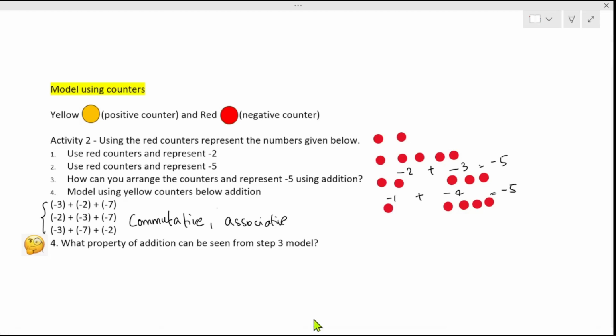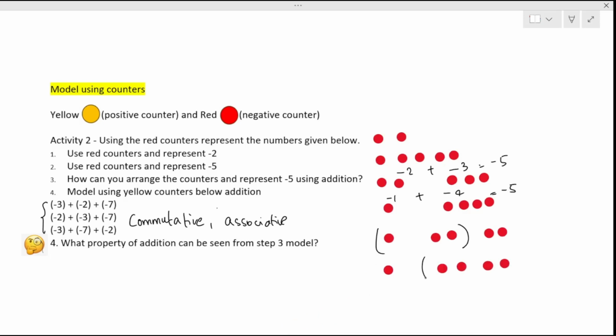If you want to add to get -5, you can take -1, -2 and -2. Either you can group -1 plus -2 and then add -2, or you can keep -1 and group the other two -2s separately, which is -4, and then add.